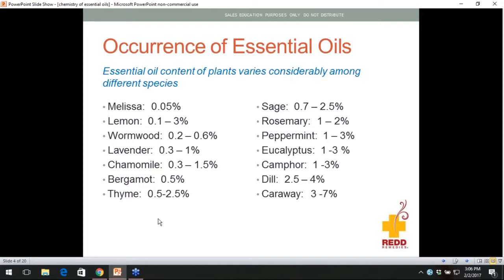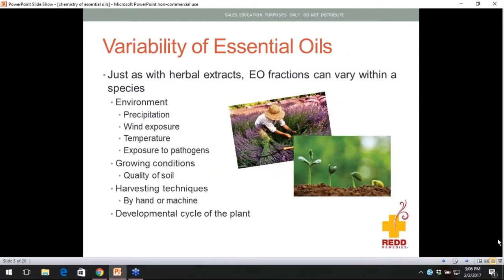But you'll see a range. So not very big percentages. Essential oils are not the main component of most plants. Like eucalyptus, you'll see 1 to 3%. So you can imagine how many total tons of eucalyptus it takes to make 10 pounds of oil or something. It takes a lot of plant to make essential oil.